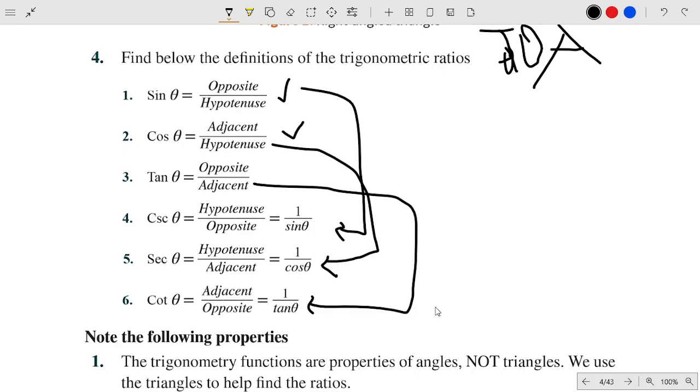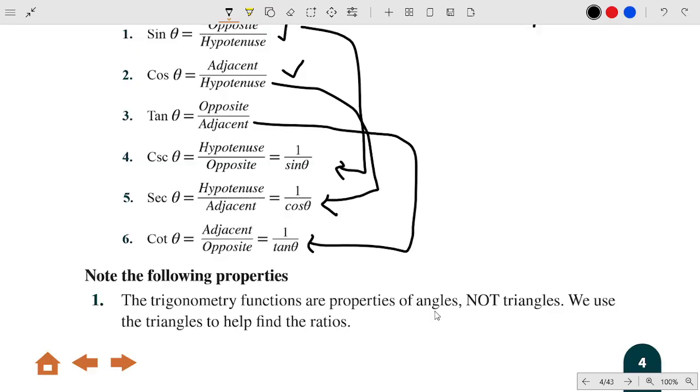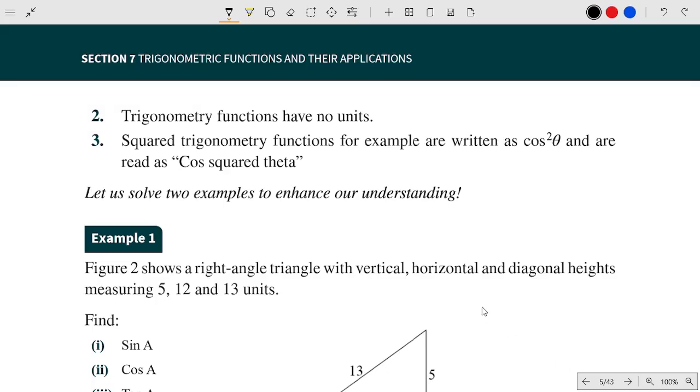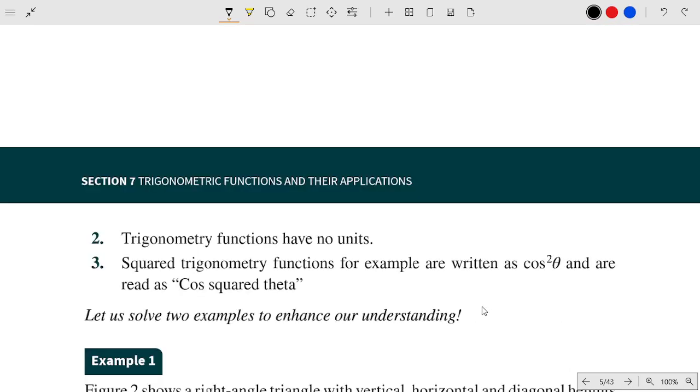Alright, so let's note some properties here. The trigonometric functions are properties of angles, not triangles. We use the triangles to help find the ratios. Also, the trigonometric functions have no units.